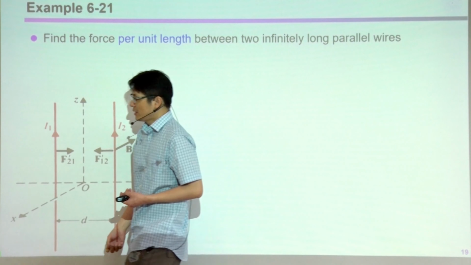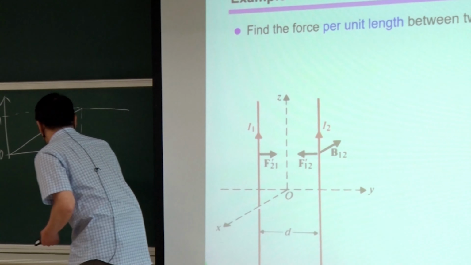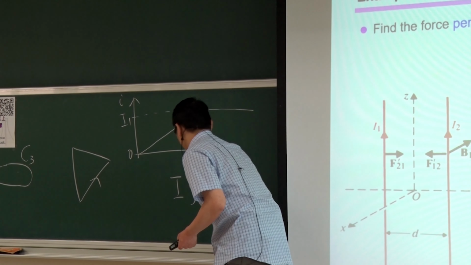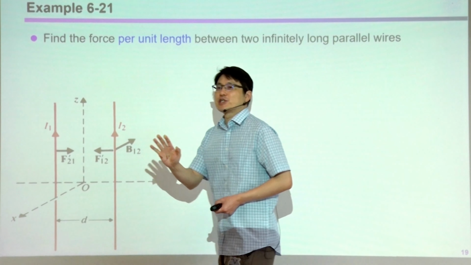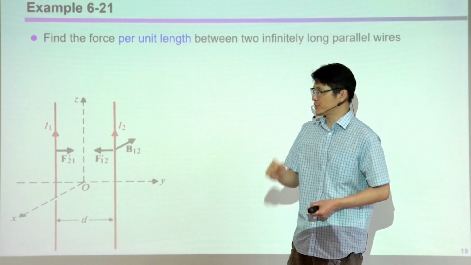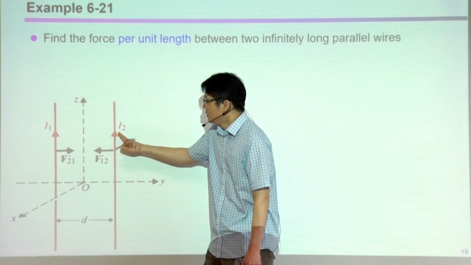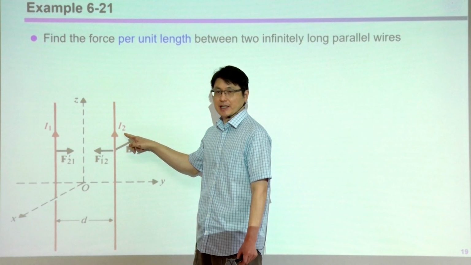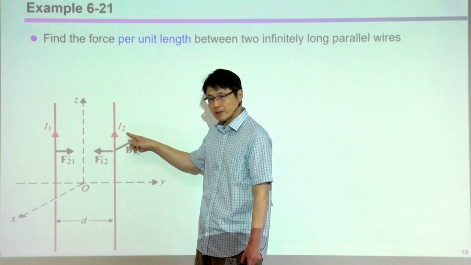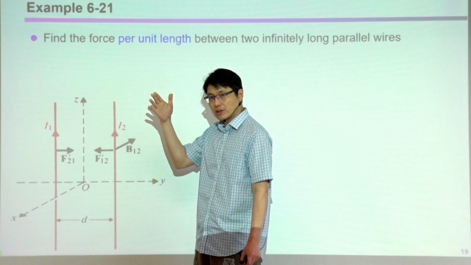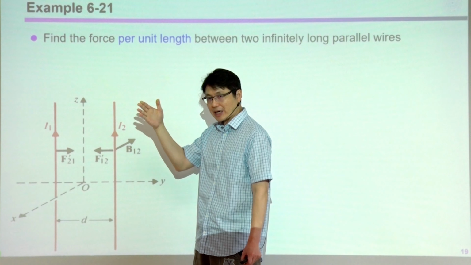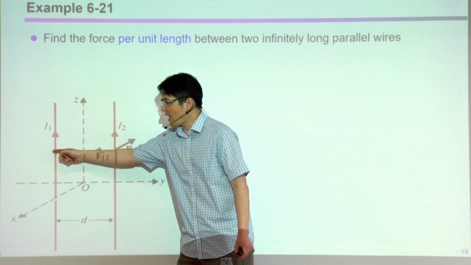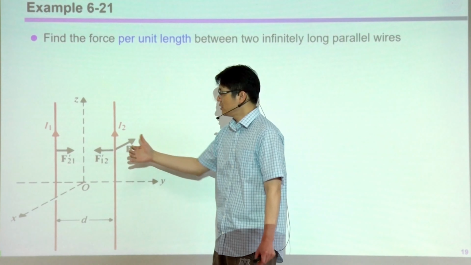Let me write out I times dl cross B. You have to perform closed loop integration. Let us determine the direction of the force first. Wire number 2 carries a current of I2, right? Using your right-hand rule, what direction is its magnetic field acting on wire number 1?